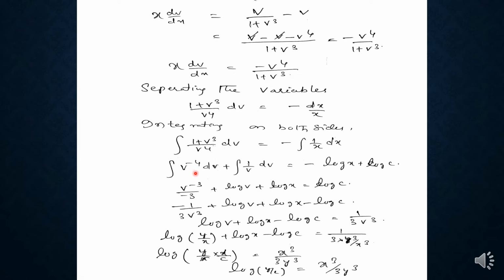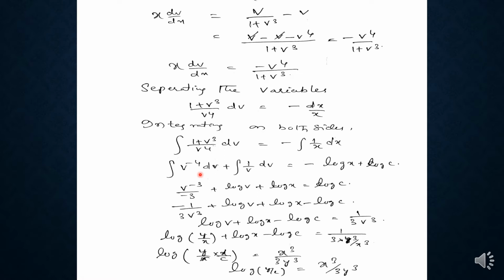Integral v to the power of minus 4 dv plus integral 1 by v dv is equal to minus log x plus log c. So that is v to the power of minus 3 by minus 3 plus, so we know that integral x to the power of n dx is x to the power of n plus 1 by n plus 1.